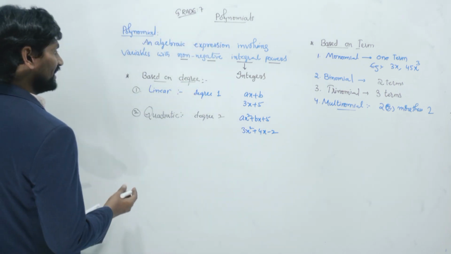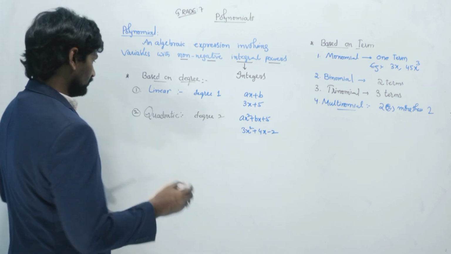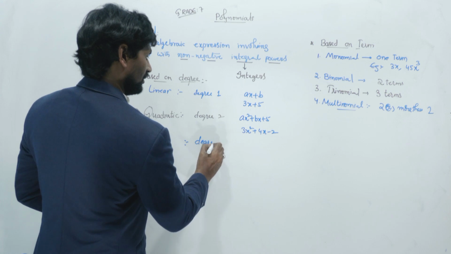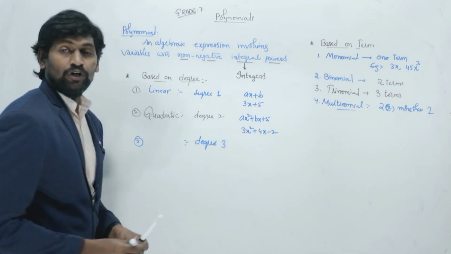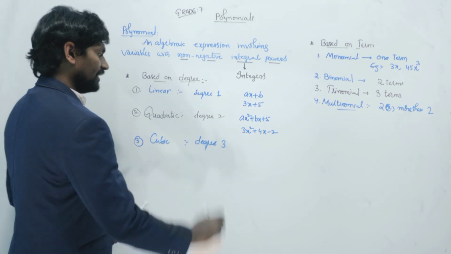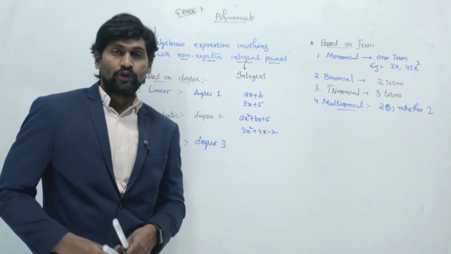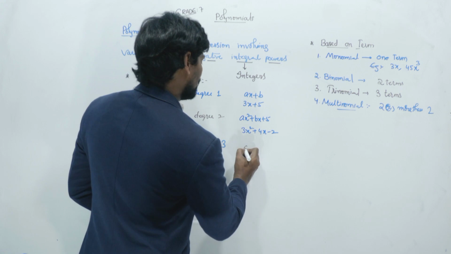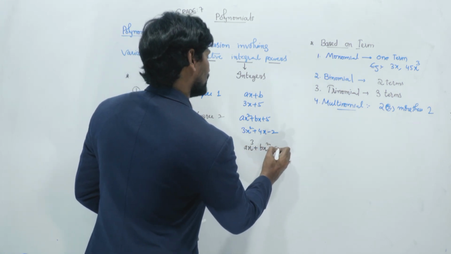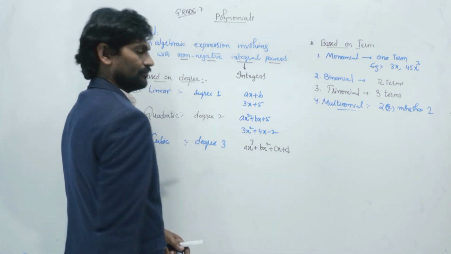Now, degree 3 polynomial. Degree 3 polynomial is called cubic polynomial, and its general form is ax cube plus bx square plus cx plus d.